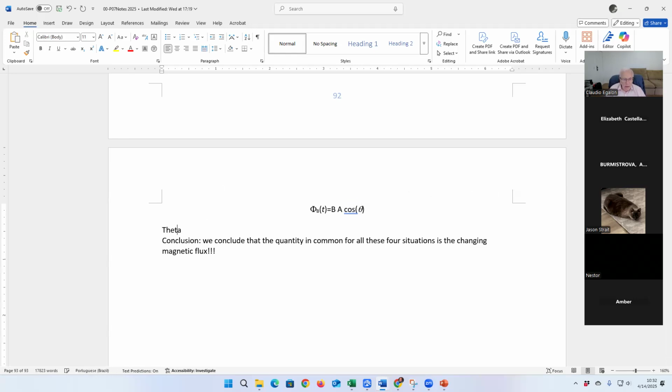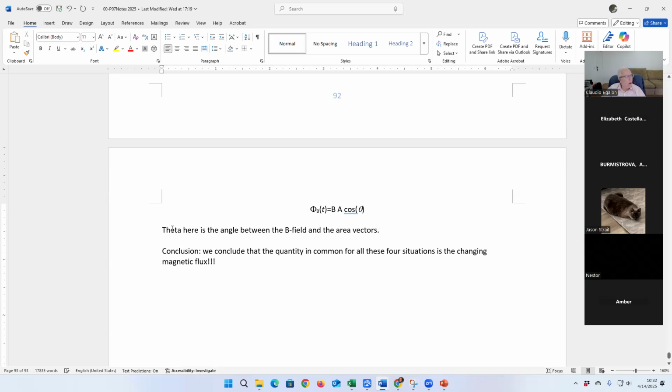Theta here is the angle between the B field and the area vectors. That's the conclusion. And now we can summarize everything in terms of a single equation.